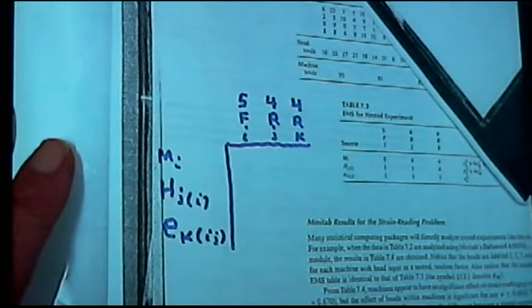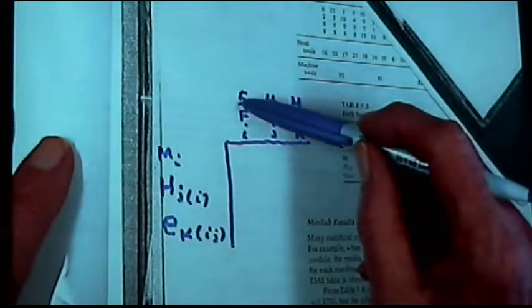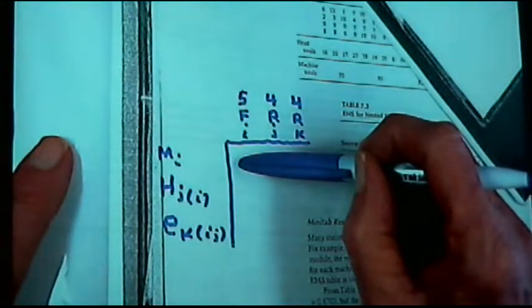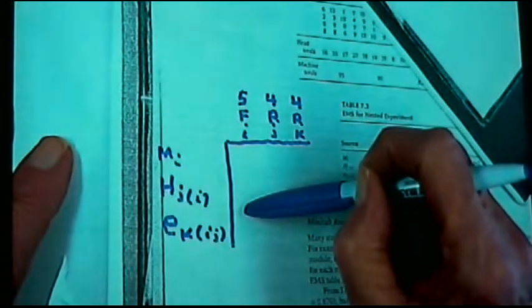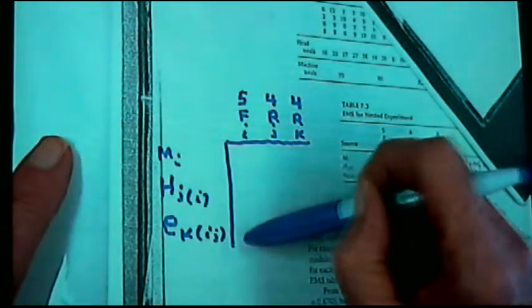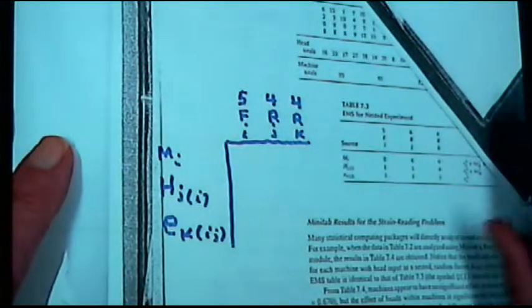So if I try to follow those directions, I would copy down the 5, but I can't put it there because the I is in that row. I can't put it there because the I is in that row. And I can't put it there because the I is in that row. So the 5 doesn't do anything for me in that step.